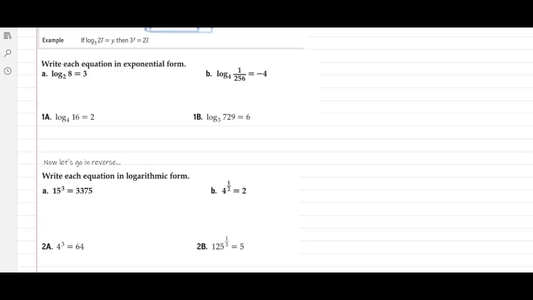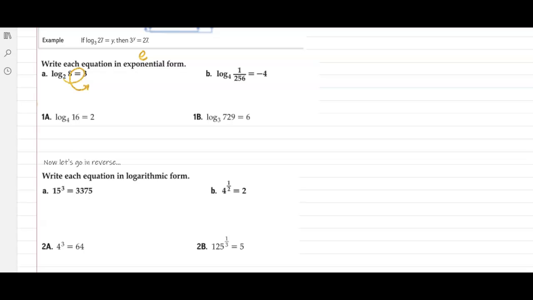And I like to use almost what looks like a cursive letter E. I want to start with the base and put in an exponential form, E for exponential. If you can remember that E, that will help you rewrite this.